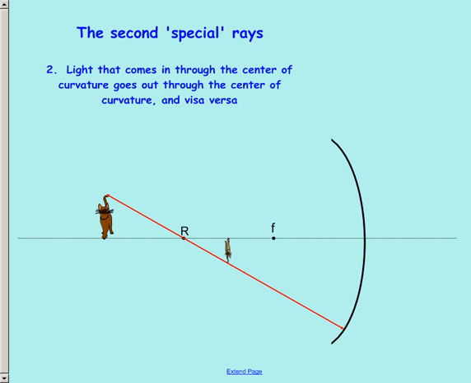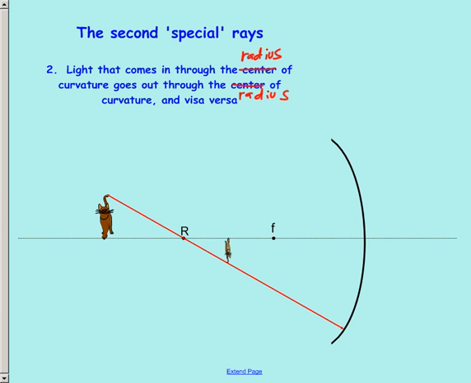Light that goes in through the center of curvature, through the radius of curvature, goes out through the center of curvature, or the radius of curvature. I might have just used center instead of radius when I should have. Okay? So I'm actually going to cross that out. The radius, the radius.